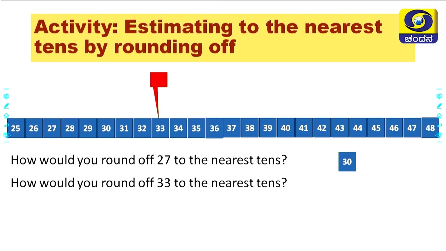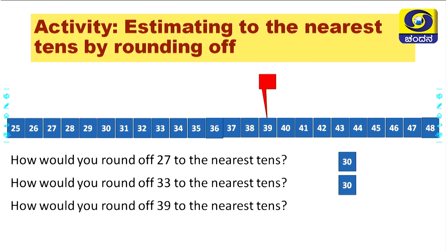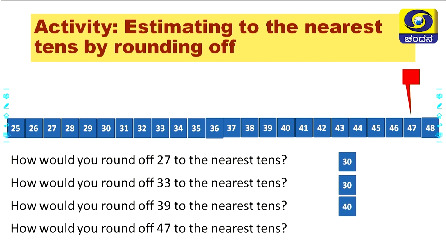Similarly, how would you round off 33 to the nearest tens? Yes, 33 is also nearer to 30, so we round off 33 to 30. In the same way, how would you round off 39 to the nearest tens? Yes, it is 40. How would you round off 47 to the nearest tens? 47 is nearer to 50. So, we round off 47 to 50.